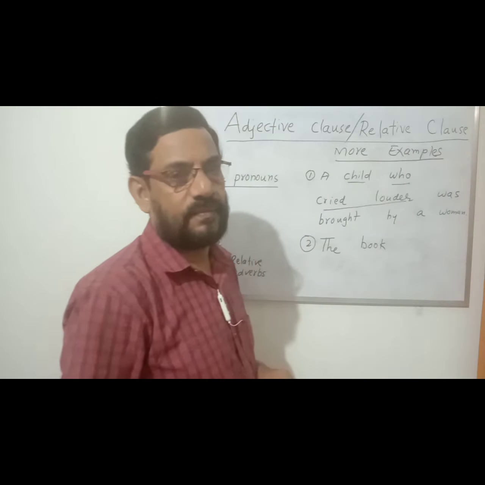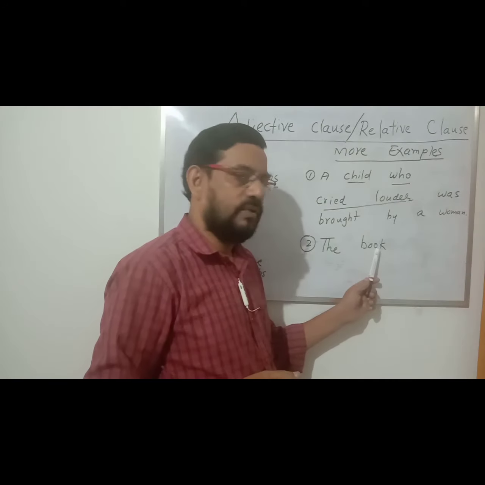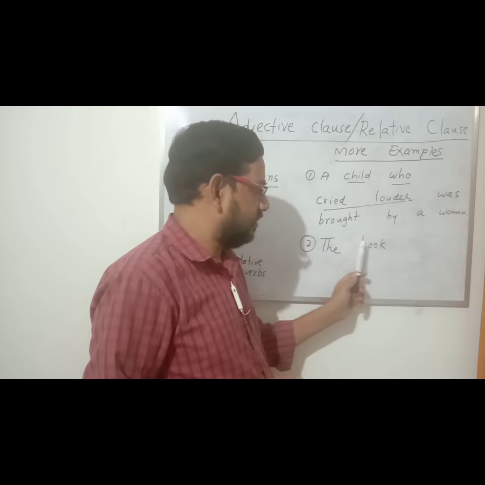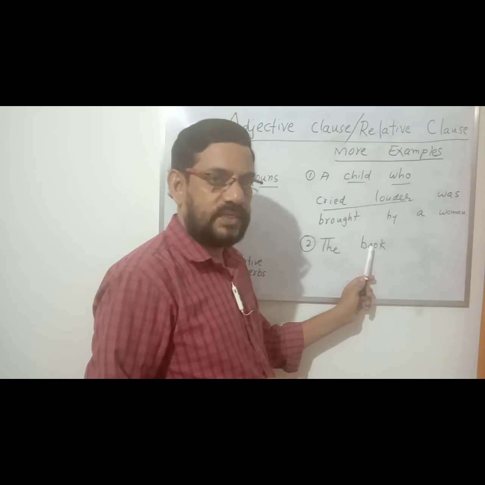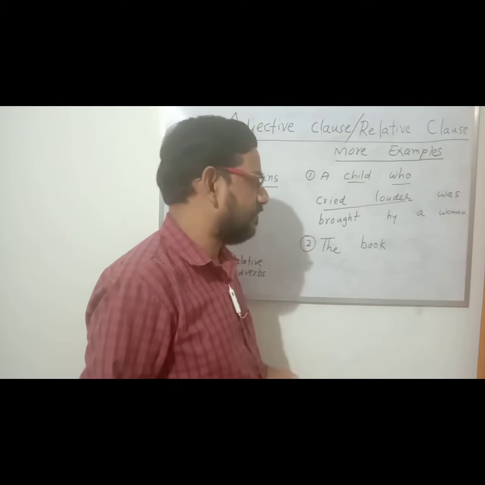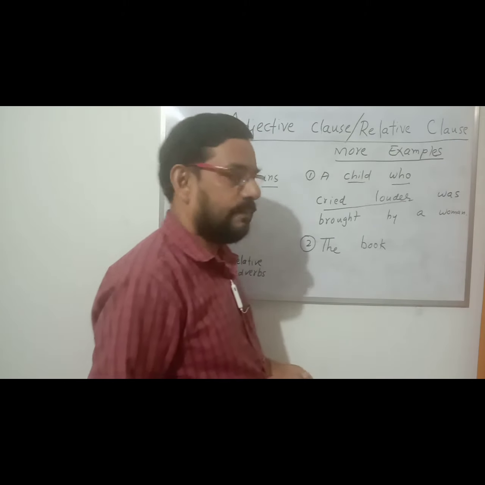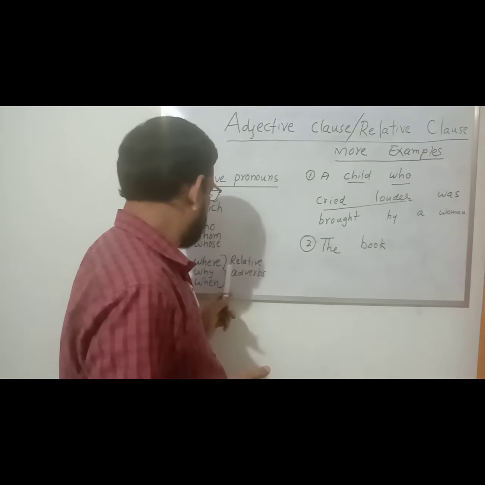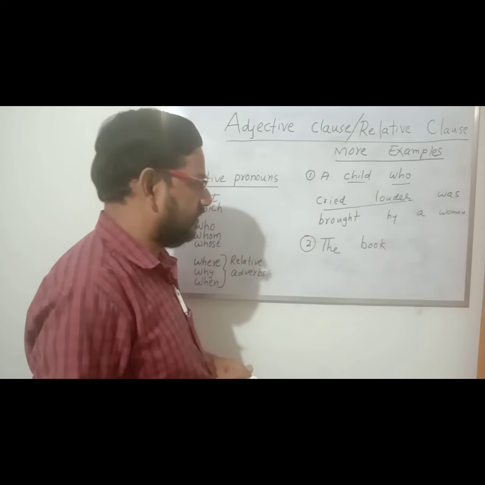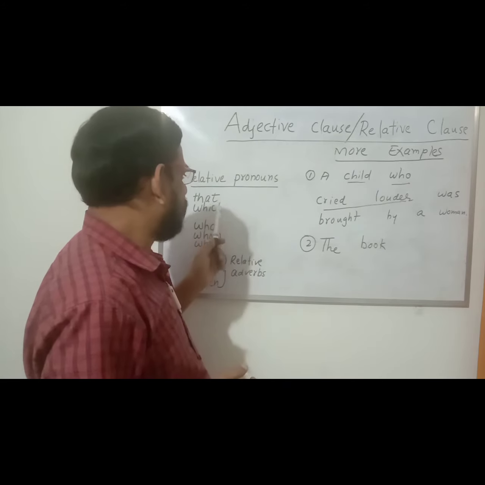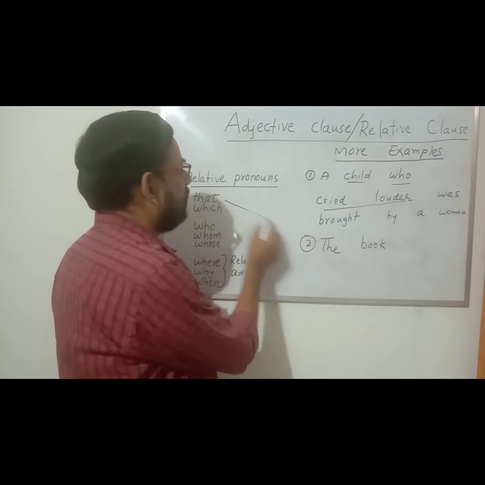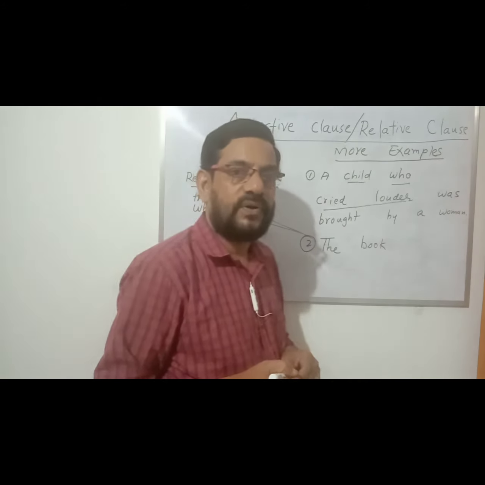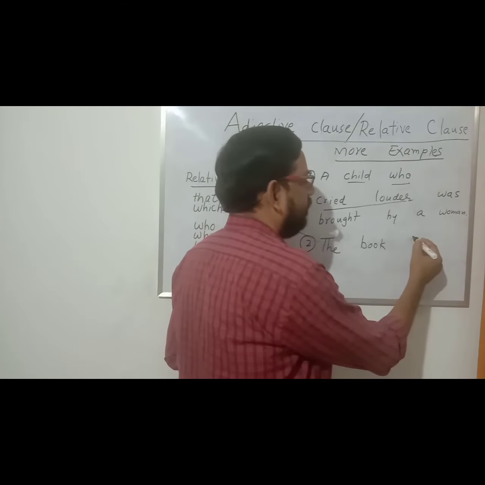The book. You know that book is a noun form. The article is used to determine or specify book, the book. What is the conjunction we can use? Either relative pronouns or relative adverbs we can use. The book, that or which. We can use either that or which for book.